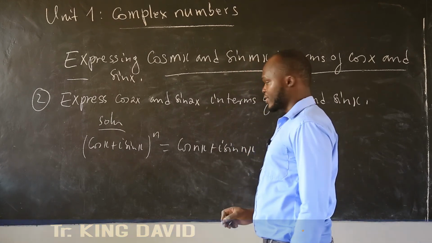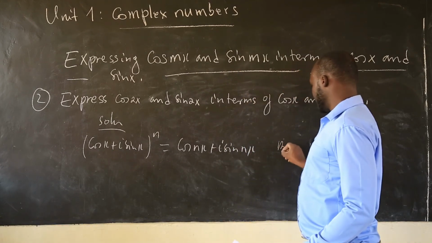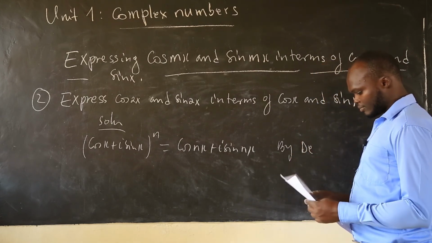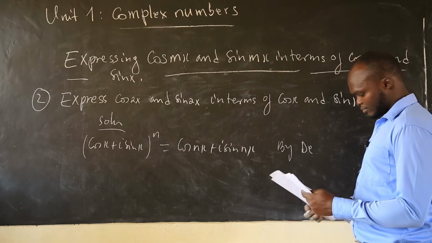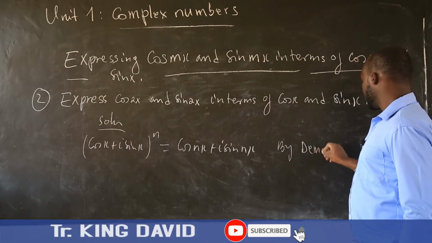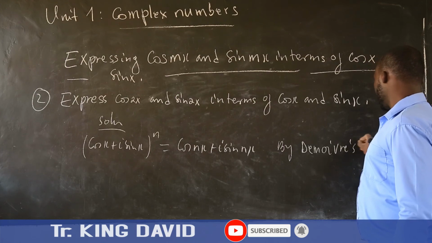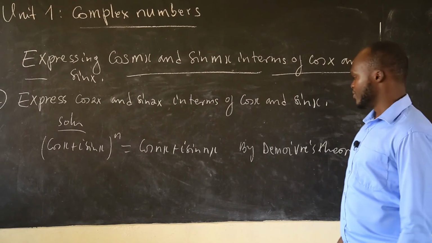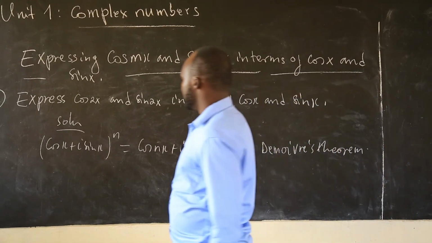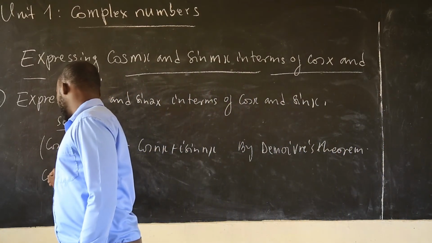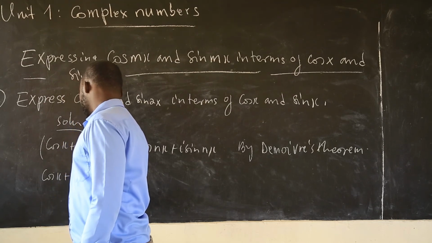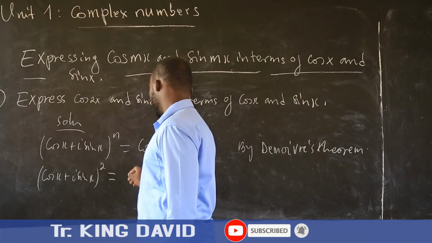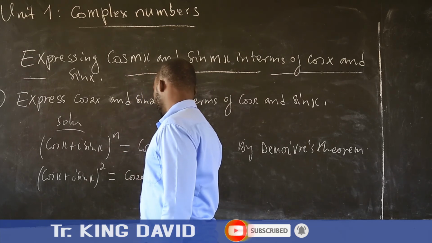This is De Moivre's theorem. So now, (cos x plus i sin x) power 2, the answer is cos 2x plus i sin 2x.